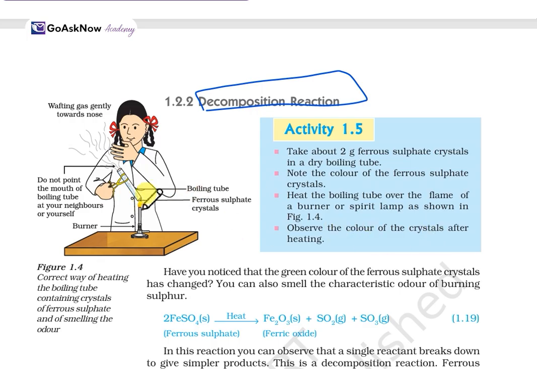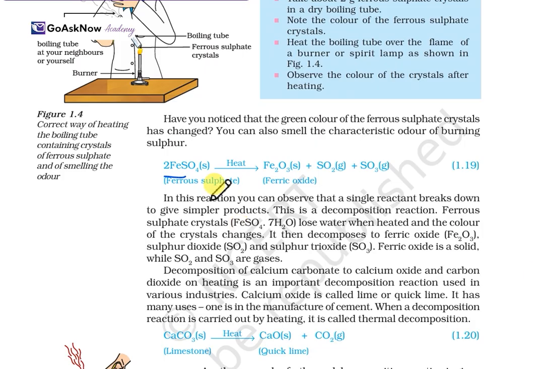When the heating process has been done, at that time you will observe the color of the crystal. Have you noticed that the green color of the ferrous sulfate, like earlier it was green, has changed? You can also smell the characteristic odor of burning sulfur. Chemically, we can write it as 2FeSO4, which is the ferrous sulfate formula.